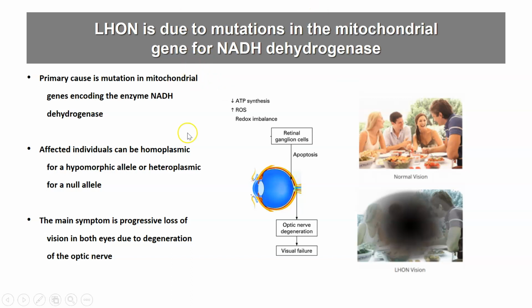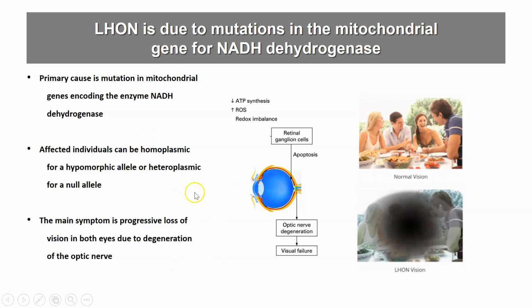The disease causes optic neuropathy, and the optic nerve is what connects the eye to the brain. It's carrying signals from the retina of the eye that are processed in the brain, giving you visual input.